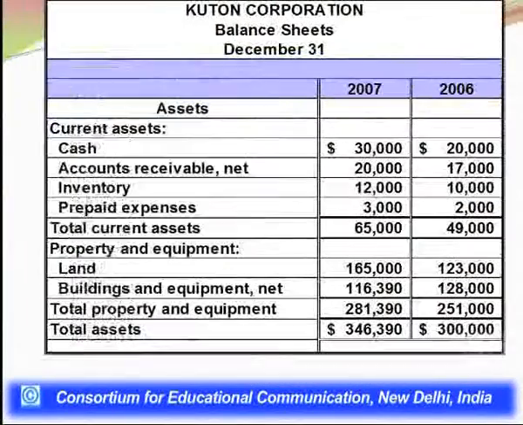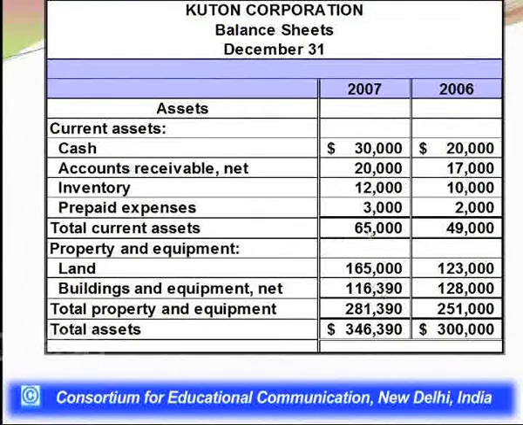You see we have cash 30,000, accounts receivable of 20,000, inventory of 12,000, and prepaid expenses of 3,000. That is how the total current assets were 65,000, as we discussed earlier for the current ratio.